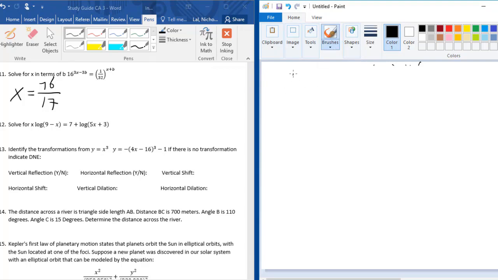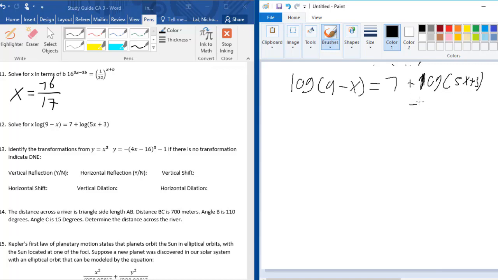So I have the log of 9 minus x is equal to 7 plus the log of 5x plus 3. My first step is to get all my logs on the same side.